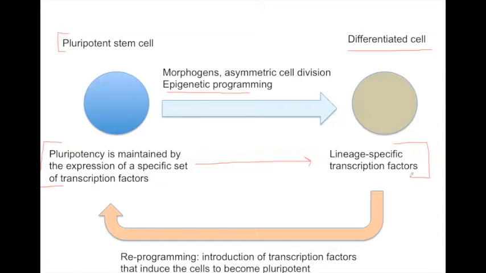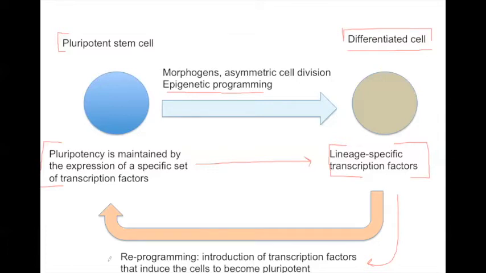So what an induced pluripotent cell does is it takes this highly differentiated cell with its lineage-specific transcription factors and its epigenetic programming, and it reintroduces those transcription factors that were otherwise only found in the proliferative undifferentiated stem cell.